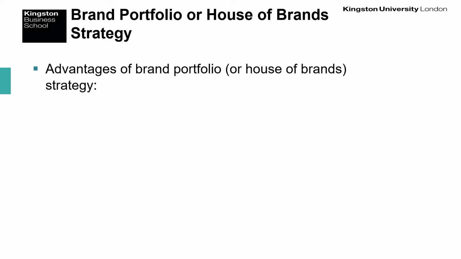Now, the advantages of this house of brands or brand portfolio strategy are many and varied. It's a way to, in a sense, fragment a market, to occupy different spaces in a market, to divide a market up into more segments, and as a result, make it less attractive and more difficult for competitors.